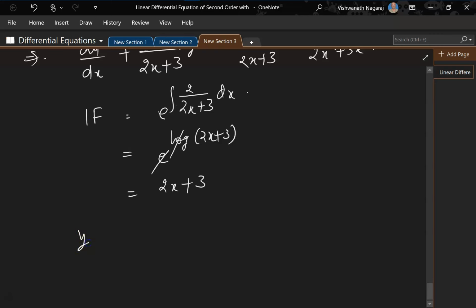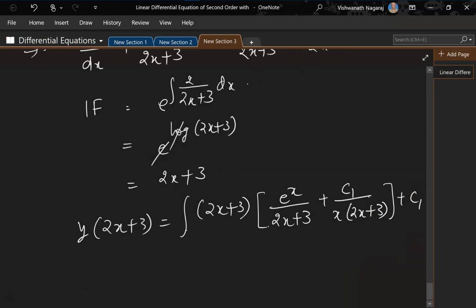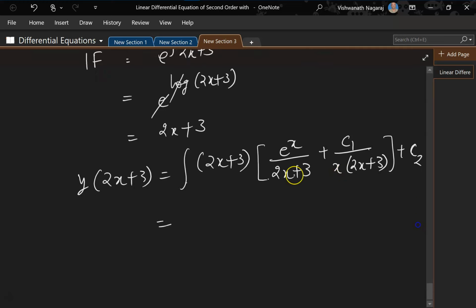So we know this would be y times 2x plus 3 is equal to integral of 2x plus 3 times e to the power of x by 2x plus 3 plus c1 by x times 2x plus 3. Now here we can take out this, this and this.